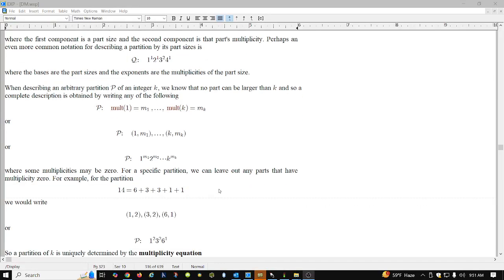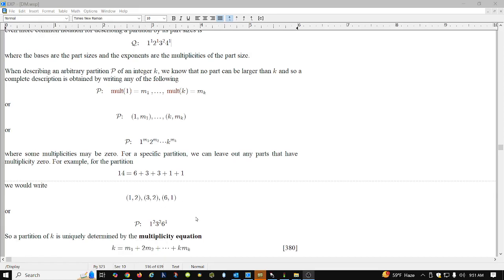So for a specific partition, we would generally leave out the parts that have multiplicity 0. There's no point in writing them. So a partition like this would be written with 3 ordered pairs because the part sizes that appear here are 1, 3, and 6. There are 2 ones, 2 threes, and 1 six.